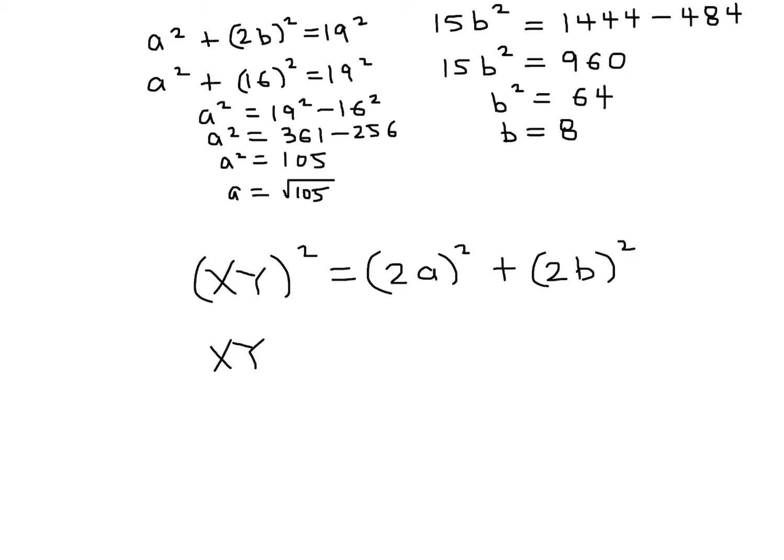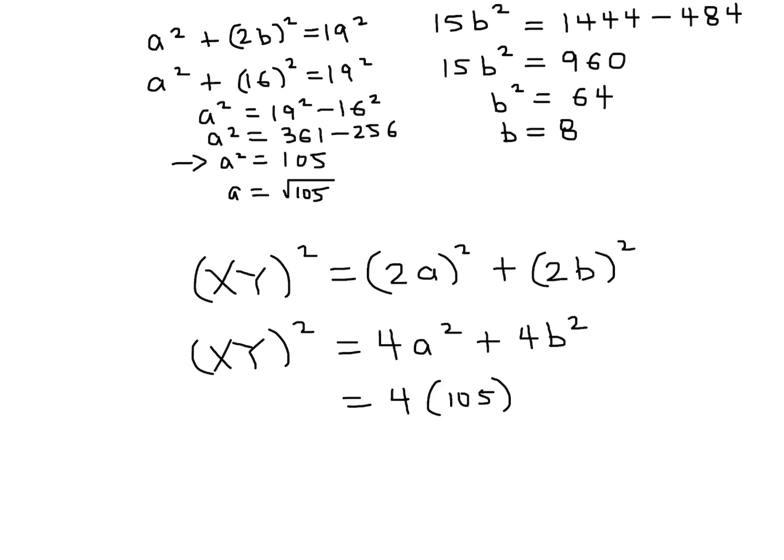So what do we have here? 4A squared plus 4B squared. And 4A squared, well, A squared is right here, 105. And B squared is right here, 64. And therefore this looks like 4 times 105 plus 64.